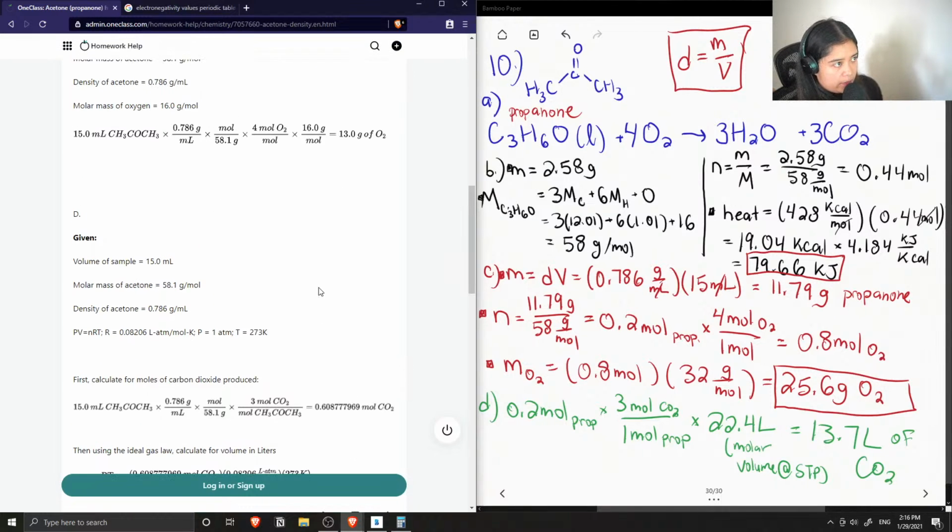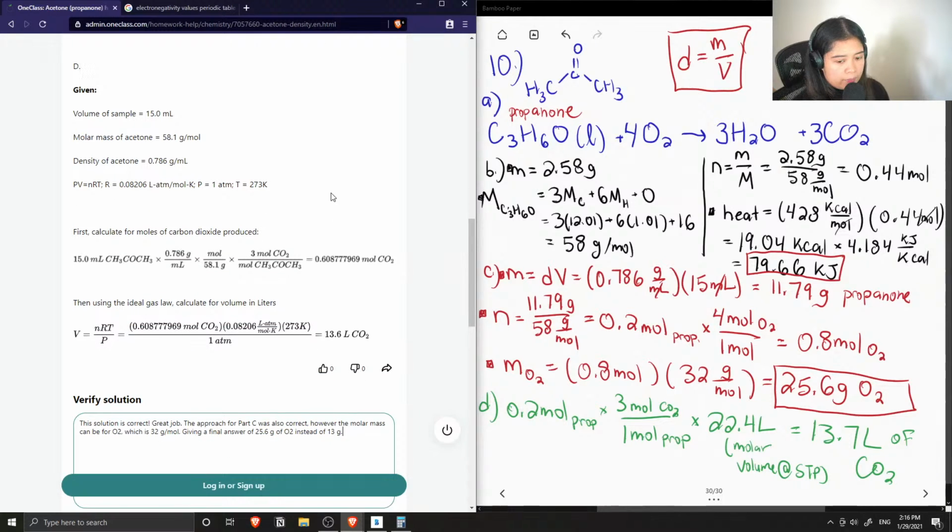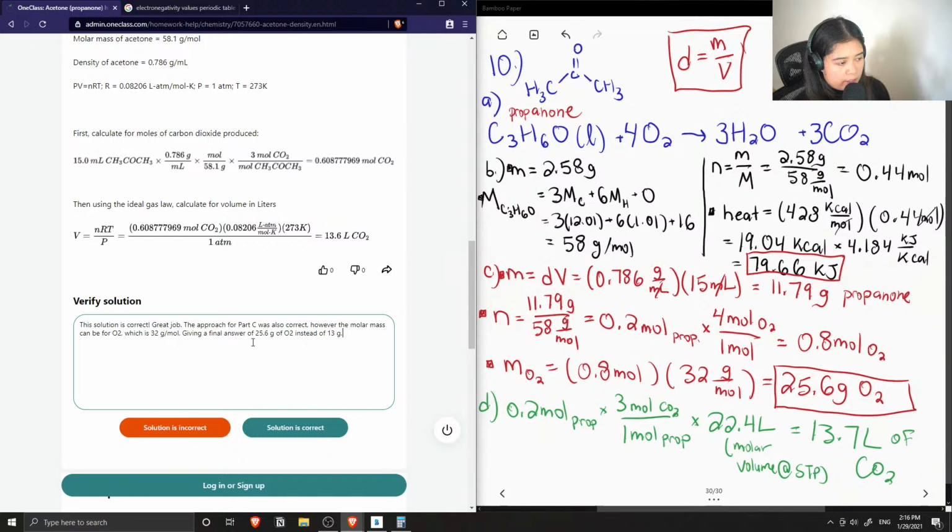Yep, so they just multiplied by a single atom of oxygen, which was 16 grams per mole. But if you wanted to do diatomic oxygen, you multiply by 32 grams per mole. Okay, but this solution is still correct.